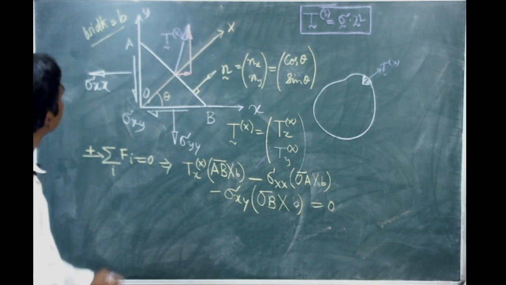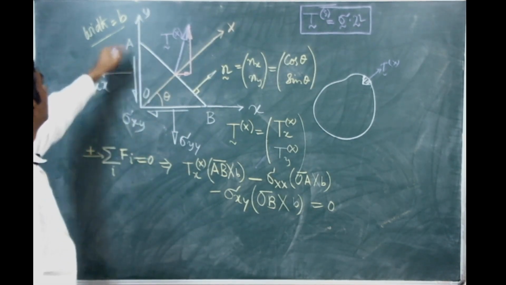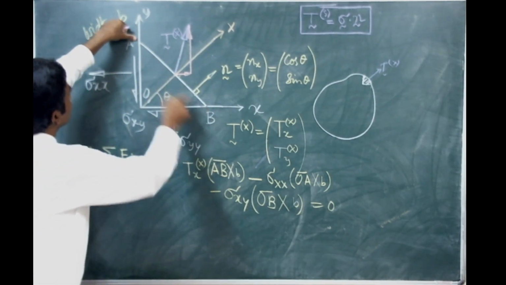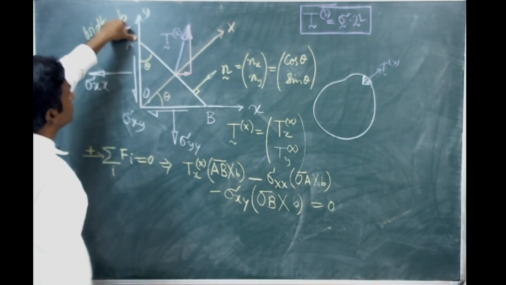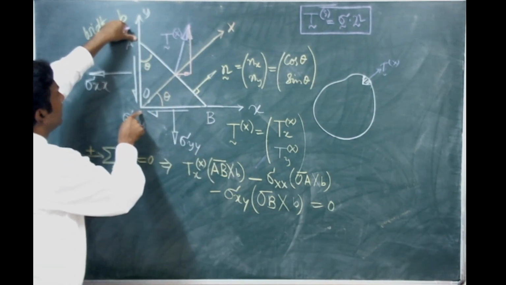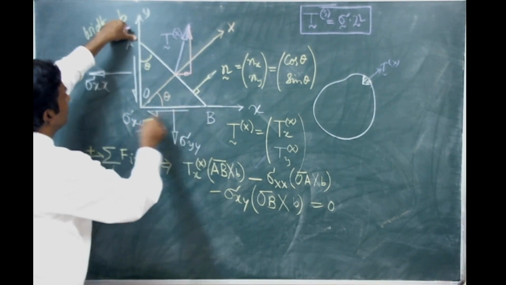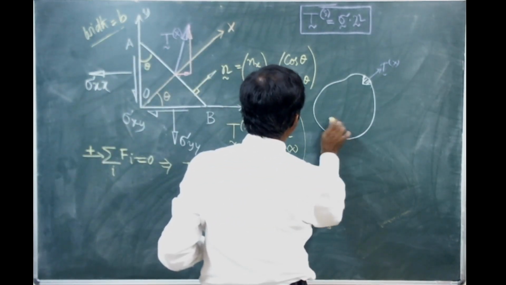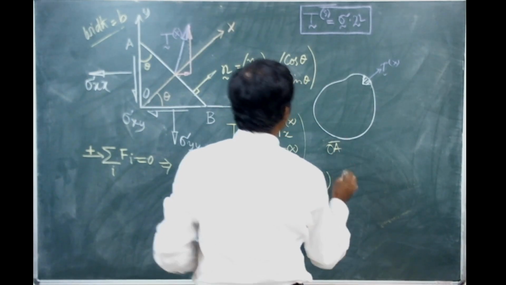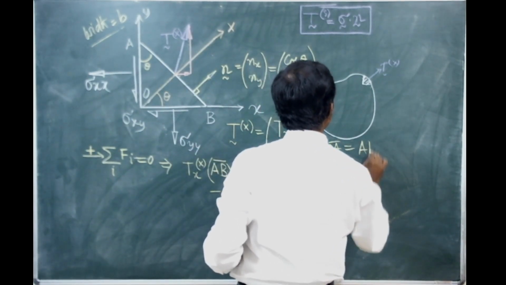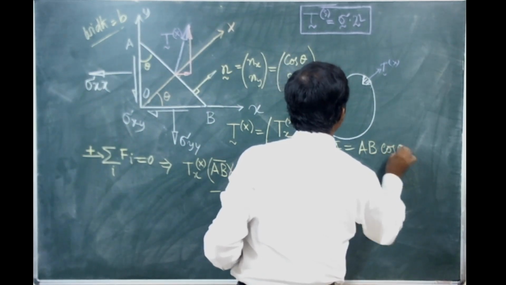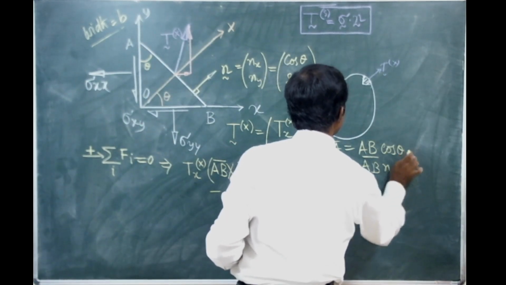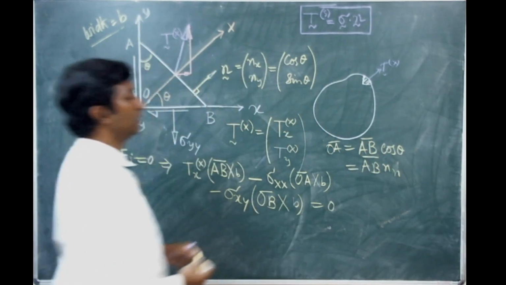Now consider the geometry of triangle O, A and B. This angle must be theta. So AB times cos theta is OA, and AB times sin theta is OB. So the length OA is AB times cos theta, which is AB times nx.